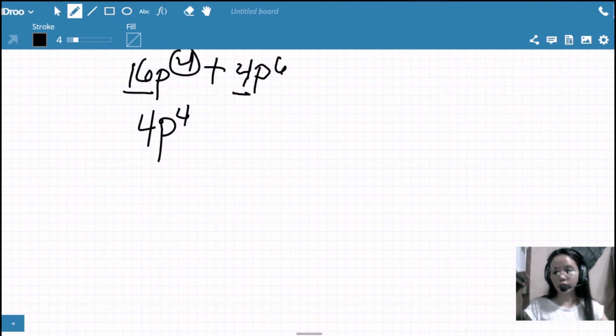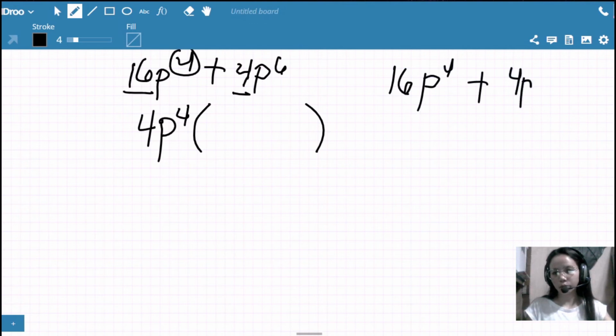So now we obtained our GCF, which is 4p raised to 4. And what we need to find out now is the other factor. To get the other factor, we divide both our terms, 16p raised to 4 and 4p raised to 6, by our GCF, which is 4p raised to 4.